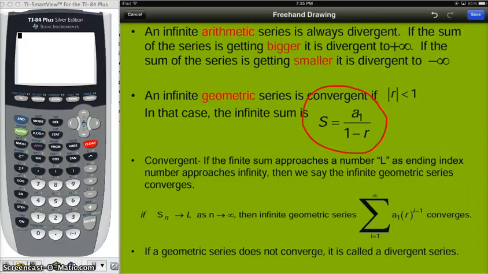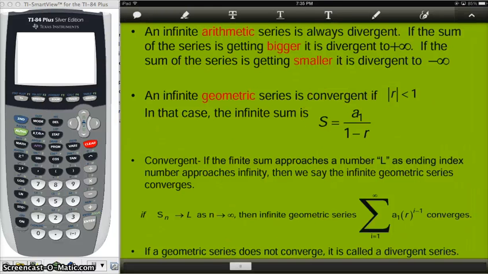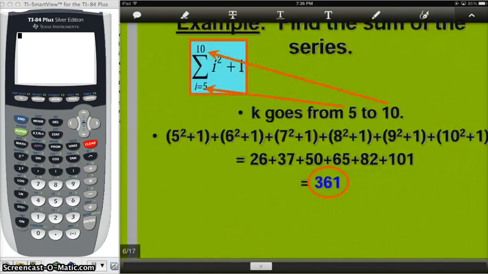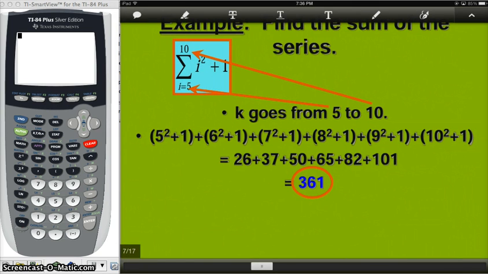So in essence, it's saying as the term number gets bigger, bigger, and bigger, the sum approaches a number. And that's where we get the equation that S is equal to a sub 1 over 1 minus r. If the geometric series does not converge, then we say it diverges.